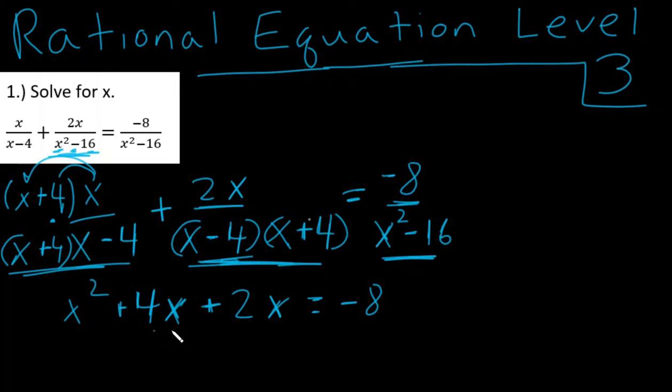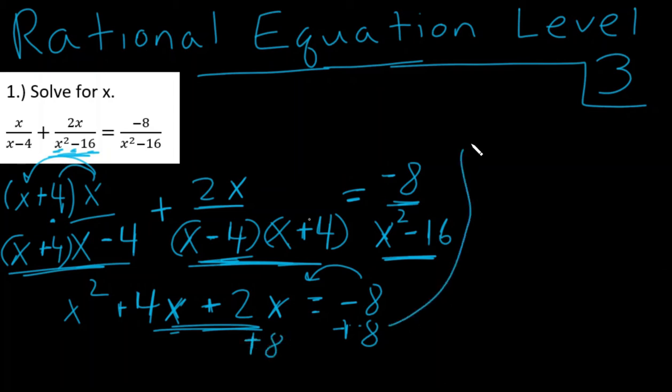Okay, so let's combine our like terms. I'm going to do two things. One, I'm going to combine my like terms, and two, I'm going to move this negative 8 over to the other side. The reason I'm doing that is because this is a quadratic function. We need to set it equal to 0. So what's the opposite of negative 8? Well, that would of course be positive 8. And so we'll add 8 right here as well.